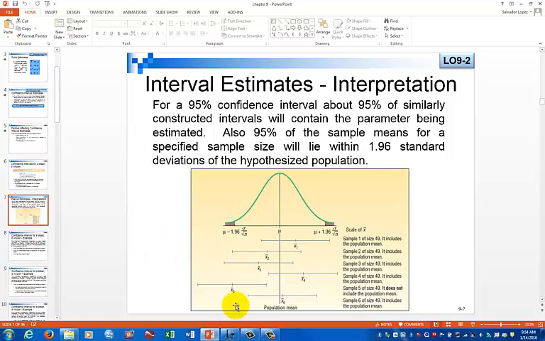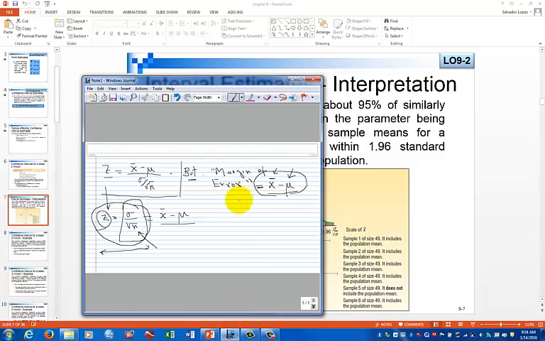Let me show you that here: 95% level of confidence using z-values. And remember, this is 0. So 95% will be right in the middle.